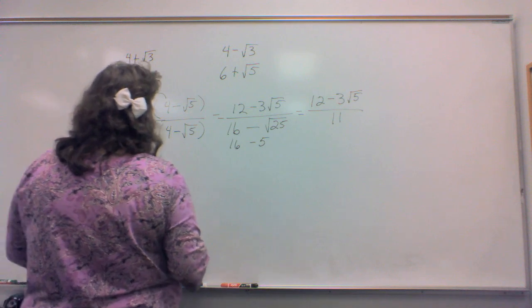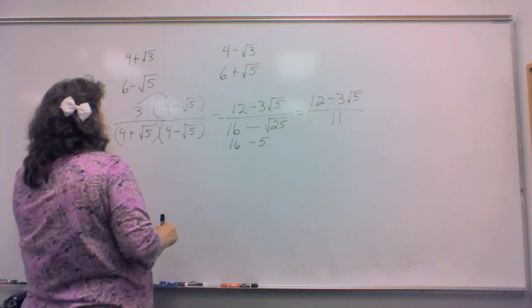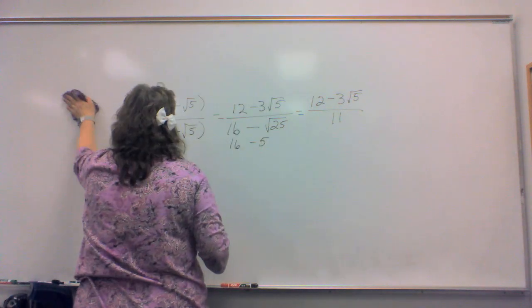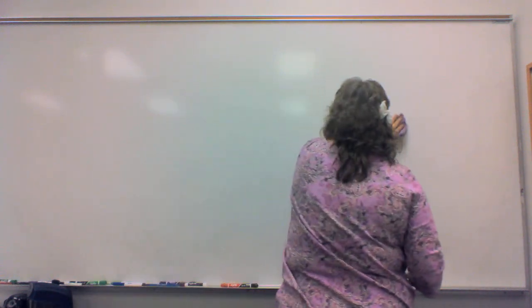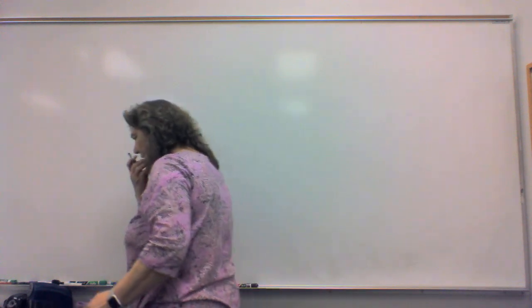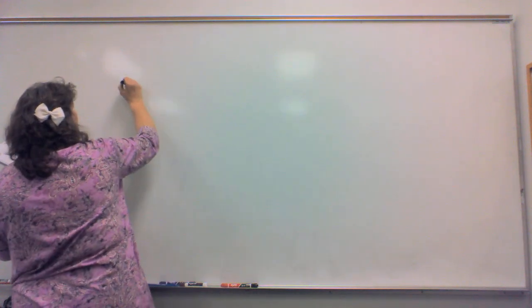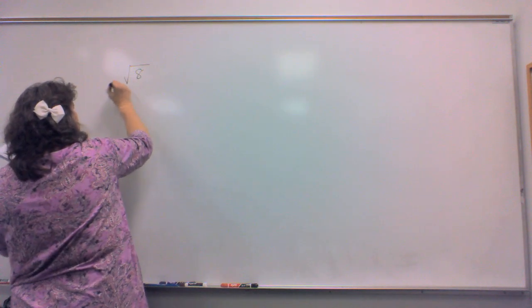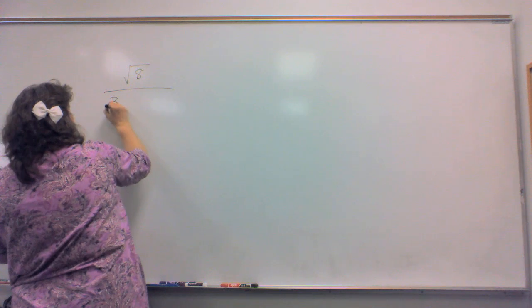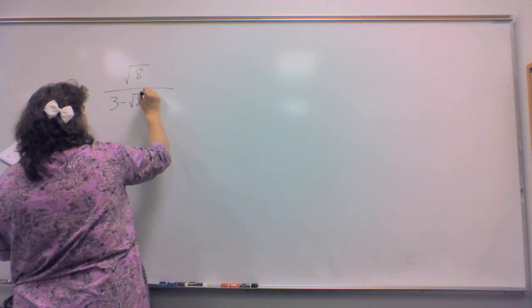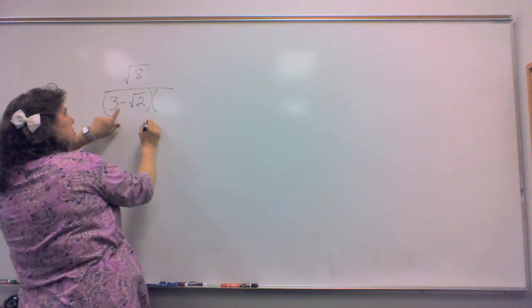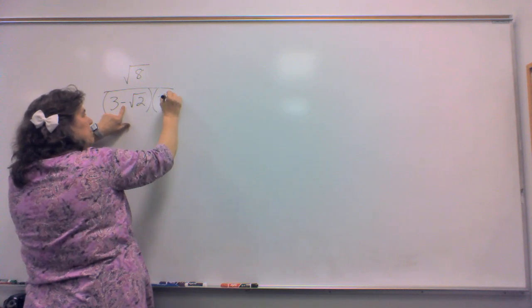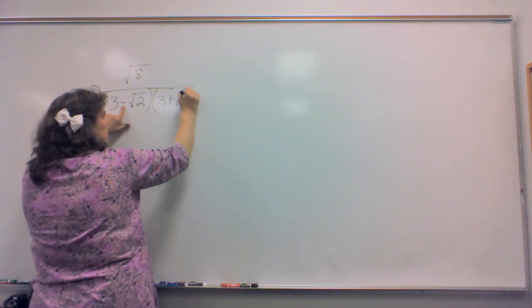Okay, let's look at another one. We'll do several of these so you'll get comfortable with them. Square root of 8 over 3 minus the square root of 2. Okay, again, we have to multiply by the conjugates. This is 3 minus, so it's 3 plus square root of 2.